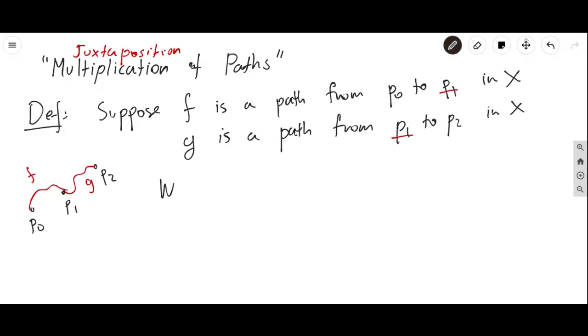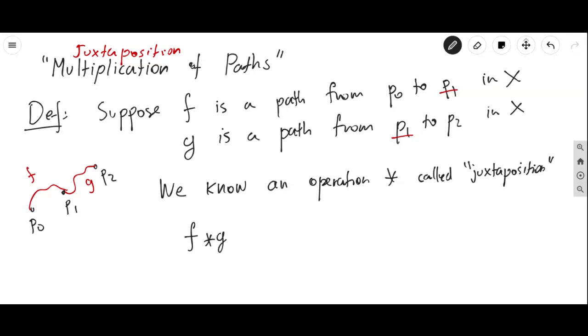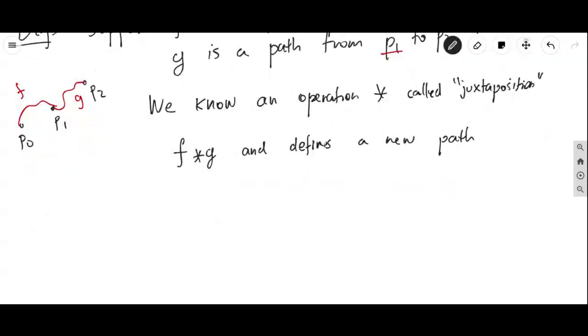So we define an operation, let's call it star. Moncrief calls it multiplication, but I want to call it juxtaposition. It takes f star g and defines a new path from P0 to P2.